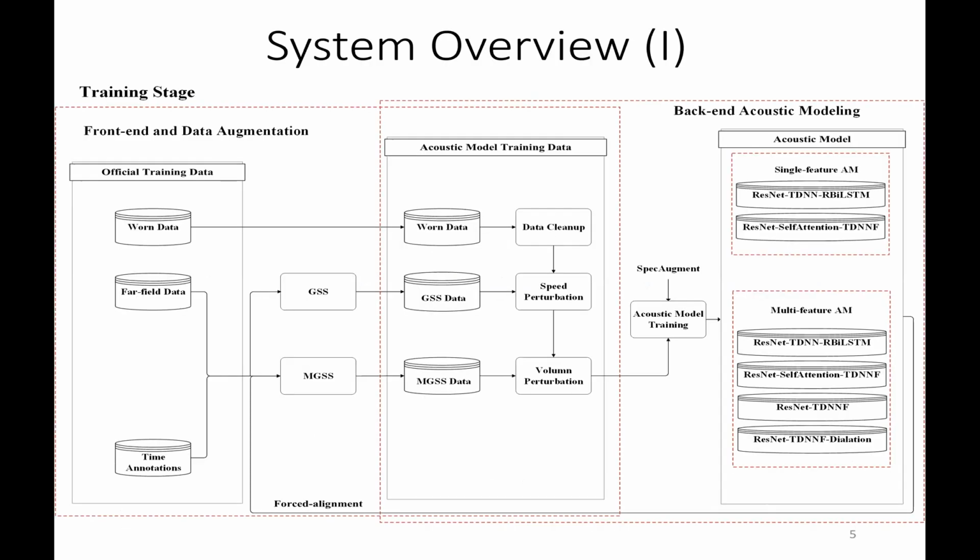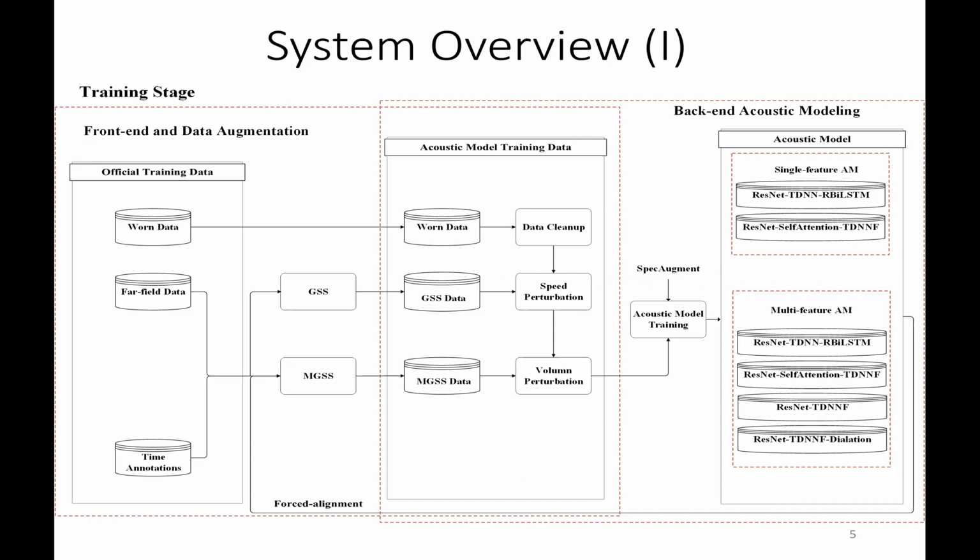First, let me introduce our work for track 1. This is a system overview for the training stage. For the front end, we apply GSS and our MGSS to the far-field data to generate the separation data.